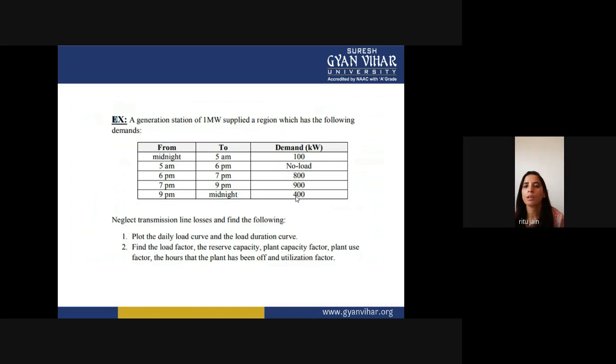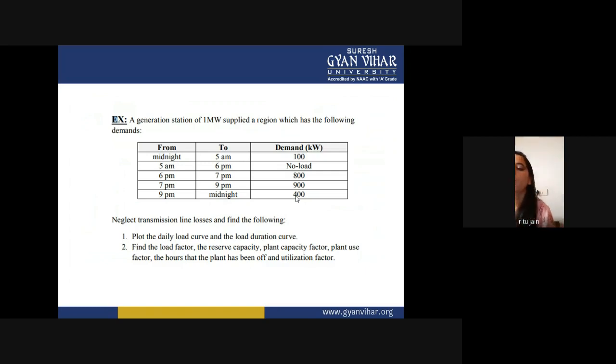From midnight to 5 a.m., it has 100 kilowatt. 5 a.m. to 6 p.m., it has no load. 6 p.m. to 7 p.m. for 1 hour, it is 800 kilowatt, and 7 p.m. to 9 p.m. for 2 hours, it is taking 900 kilowatt. 9 p.m. to midnight, the load is 400 kilowatt. Neglect transmission line losses and find the following.